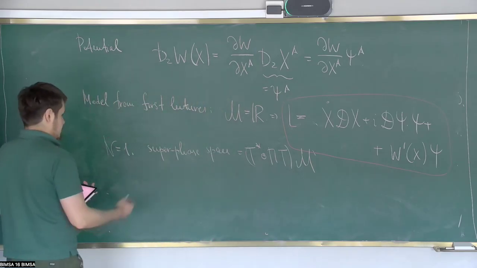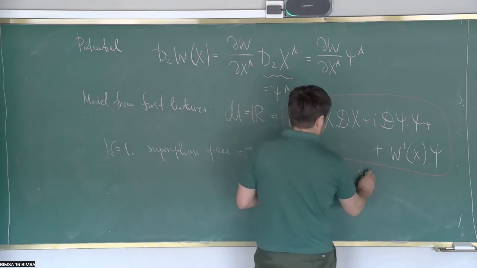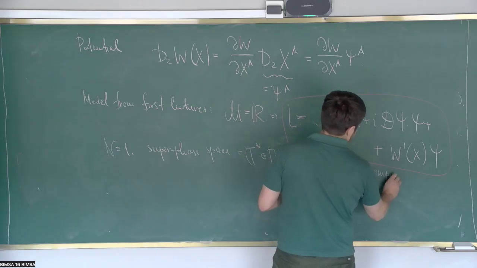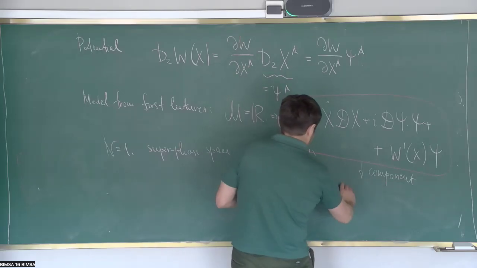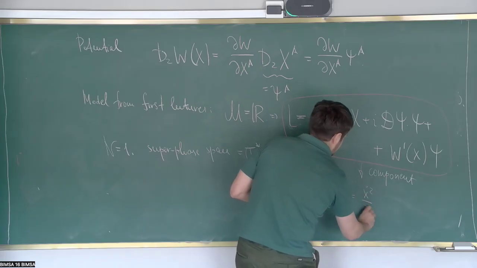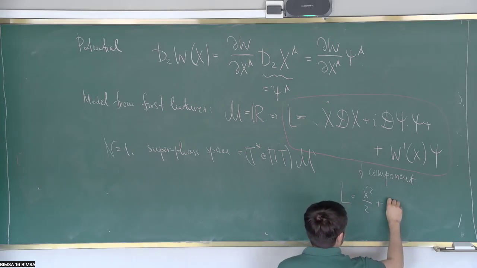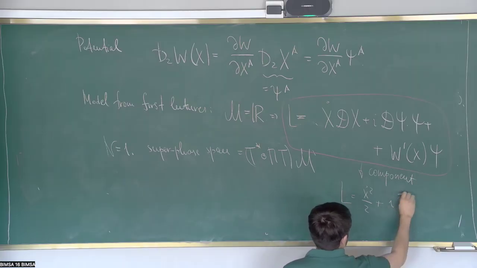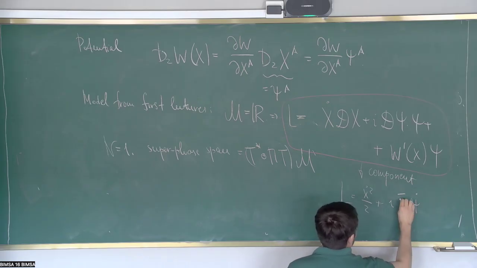But in the simplest Lagrangian like this, if you go to component form, you find that the leading term is x dot squared over 2 plus i psi bar psi dot. Maybe psi is not good; let's call it V2 bar, V2 dot.